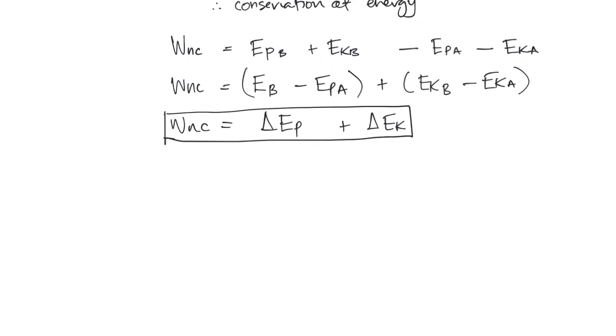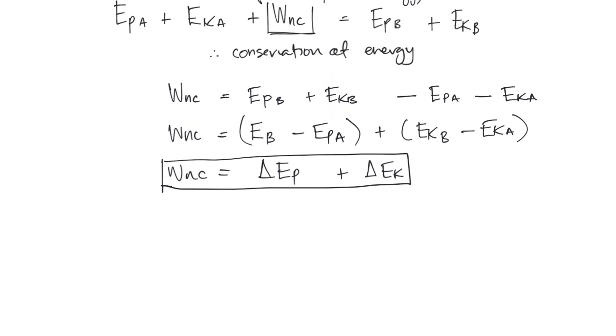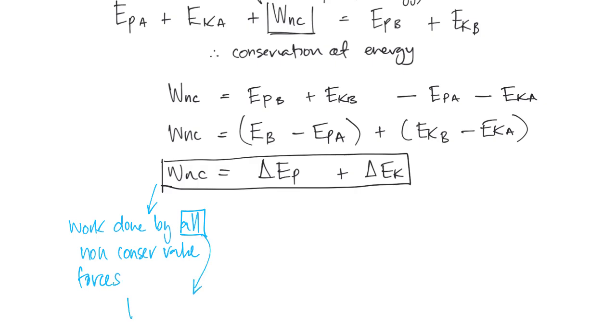We have to take the non-conservative forces into consideration. So on your left hand side here, you have work done by all non-conservative forces. What that means by saying all non-conservative forces is that I can look at W net.